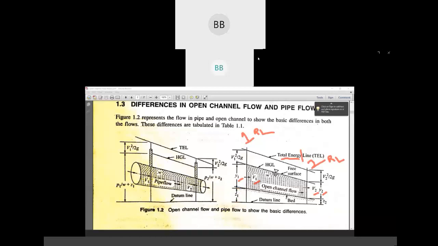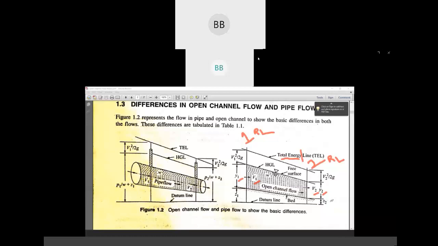Similarly, if you want to find the total energy for section 2, you have to add all three: the kinetic energy head, then the potential energy head, and then the datum head.